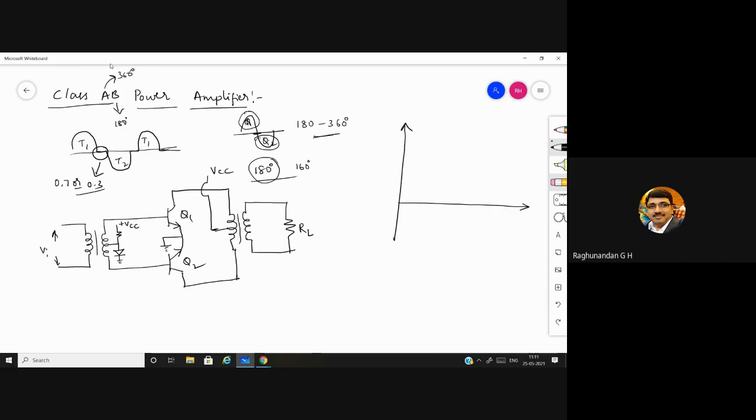This is the PI characteristics, and this is the DC load line, and you know that the Q point was here for class B. Now the Q point which is here, we are going to slightly shift to this level, such that the output which was coming only for half cycle will be enhanced. So let us see how it will get enhanced.